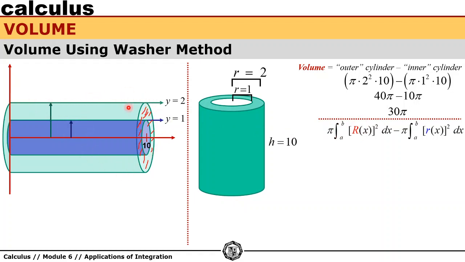If you take the green line y equals 2 and rotate it 360 degrees around, and we use the disk method to find the volume of just that shape alone, we would do pi times the integral of that outer radius squared. I'm going to indicate the outer radius here with this capital R of x, and that stands for the outer radius.